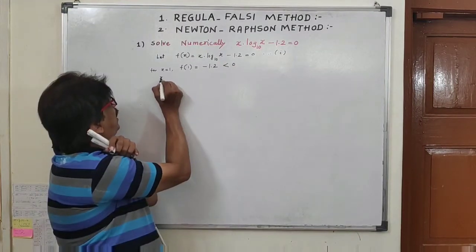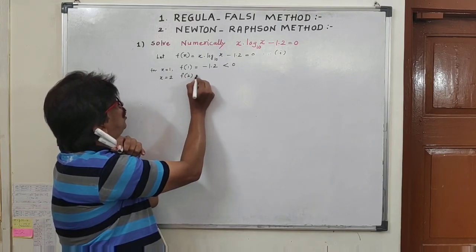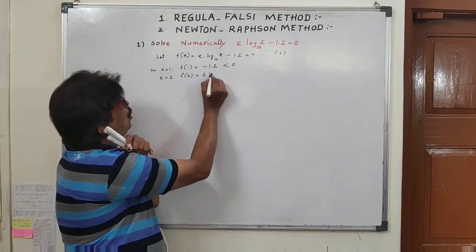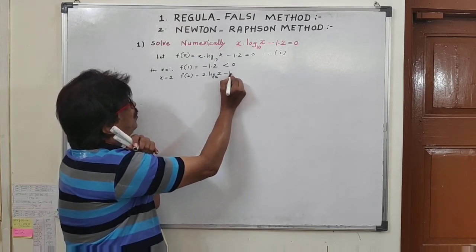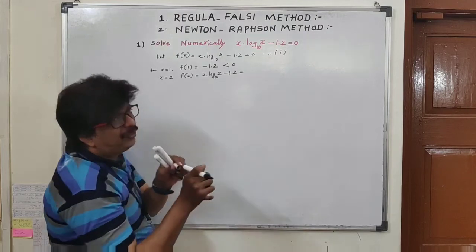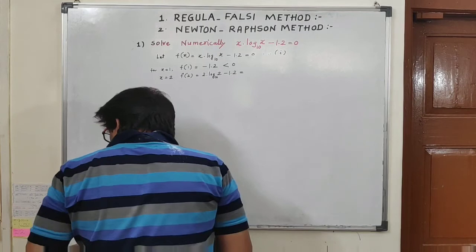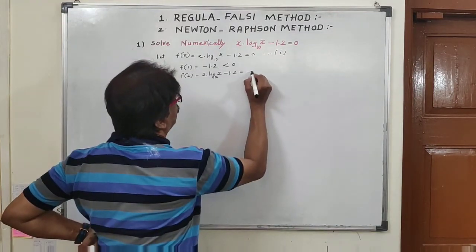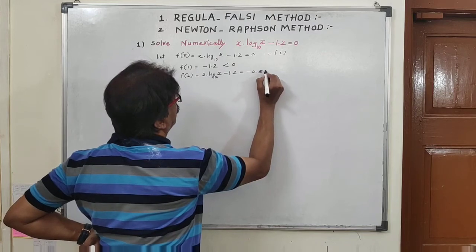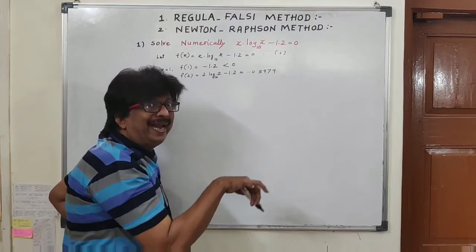Now find f of 2. f of 2 is equal to 2 into log of 2 to the base 10 minus 1.2. That value is minus 0.5979. This is also negative.